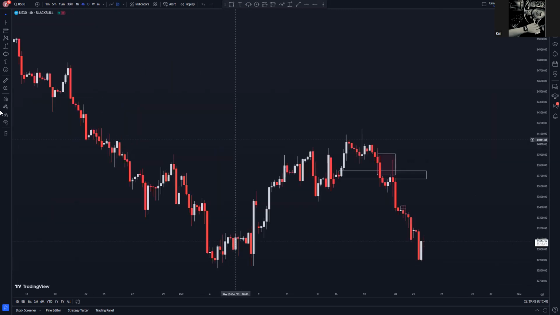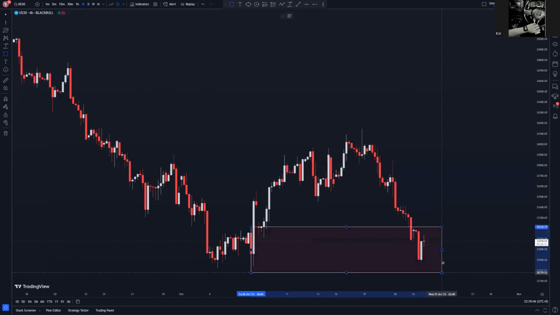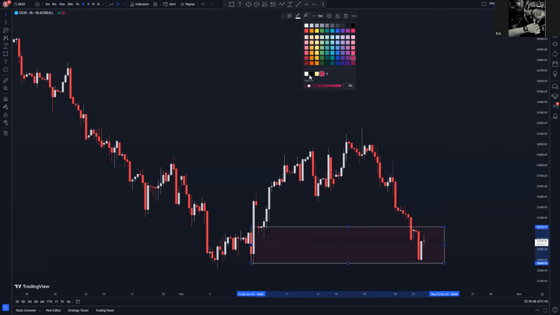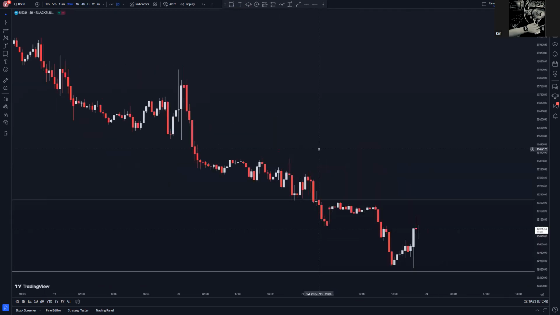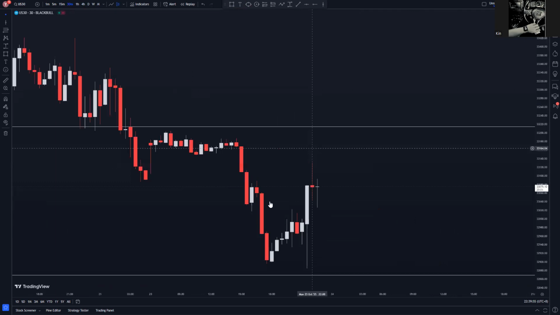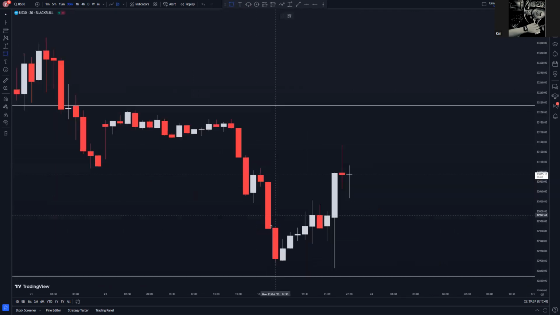Let me show you guys what happened just now with US30. ED buy, right? Yeah, I know about this one because I took a buy on this one. So the price created this TC and the price got into the zone.